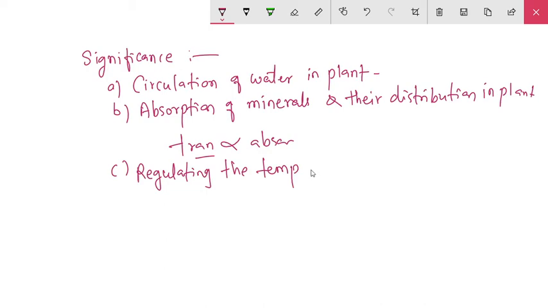Regulating the temperature of the plant body. Transpiration plays a most important role in keeping the plant cool.